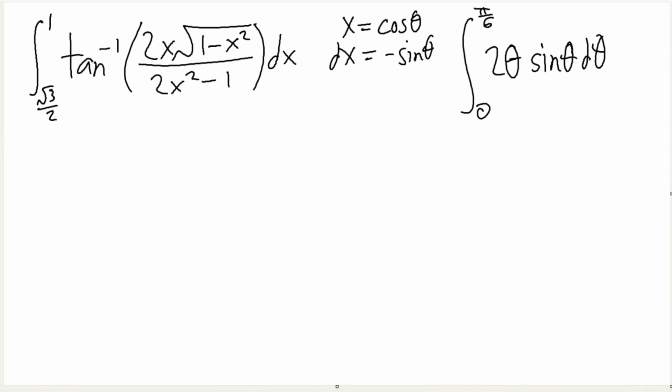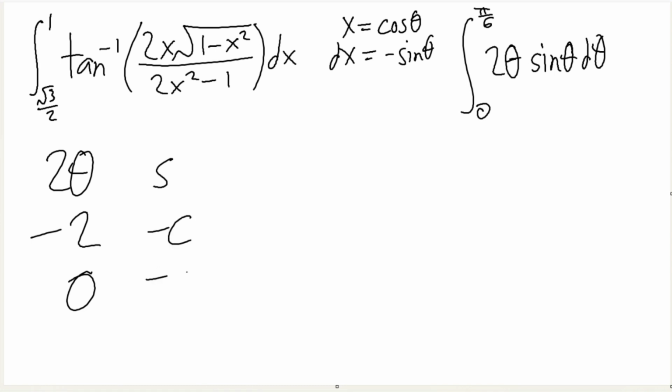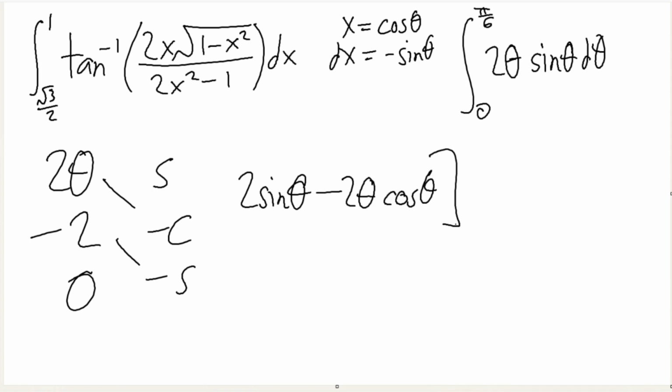So now, this is a simple integral, integration by parts, right? And then sine, negative cosine, sine, negative sine. Here, this is 2 sine theta minus 2 theta cosine theta from 0 to pi over 6.